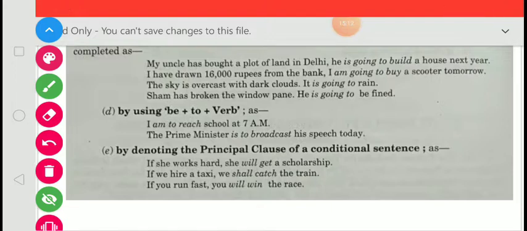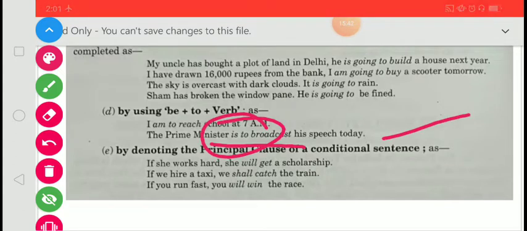So by using is, are, am, was, were plus to, with this structure we can also express future action. I am to reach school at 7 a.m. So it means I will have to reach school at 7 a.m. The Prime Minister is to broadcast his speech today. So here it refers to the future: the speech of the Prime Minister will be broadcast today.